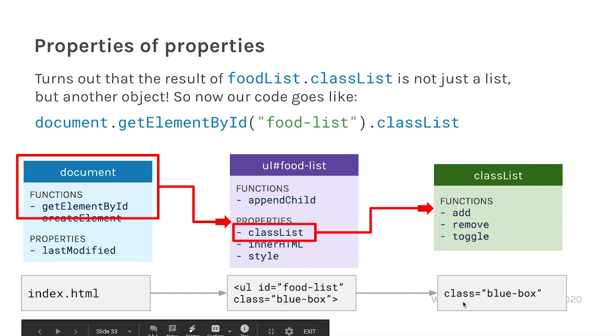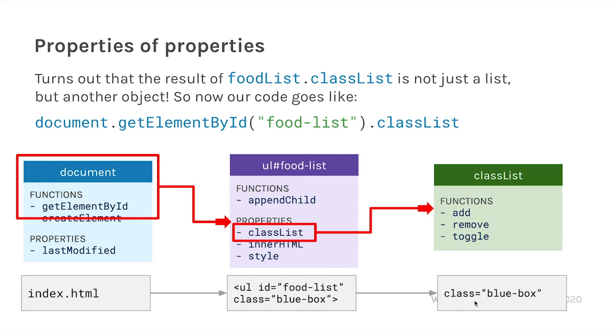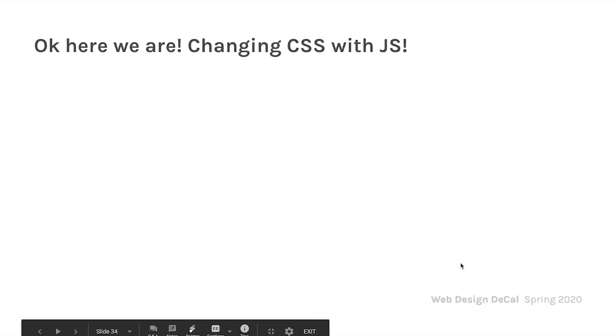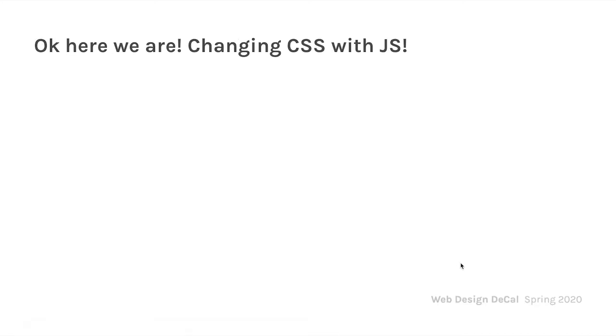And here we can get specifically into the HTML tag. Now we're looking at this part that says class equals blue box. And this class list has 3 functions that we want to look at. There's add, remove, and toggle. So here's where we can change CSS with JavaScript.